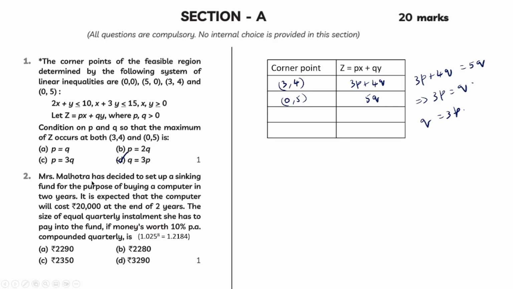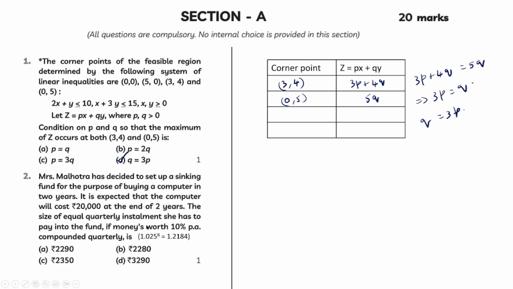Next question, Mrs. Malhotra has decided to set up a sinking fund for the purpose of buying a computer in 2 years. It is expected that the computer will cost rupees 20,000 at the end of 2 years. The size of equal quarterly installment she has to pay into the fund if money is worth 10% per annum, compounded quarterly, is.